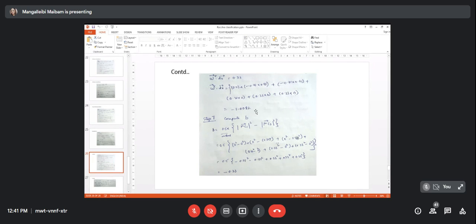Now we have to compute b and compare it with these hyperplane values. After computing b using this formula, we got minus 0.33.